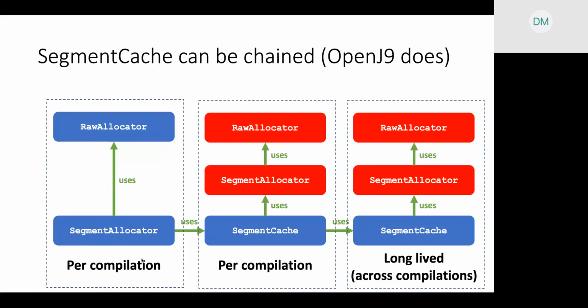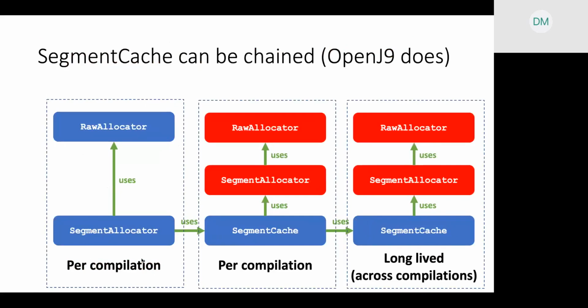Why do you want to do that? Well, this is the complexity of the current scenario. You can imagine that the compiler or region, if you want, is over here on the left side of the diagram, asking the leftmost blue segment allocator for segments. It's trying to allocate segment memory in a compilation.